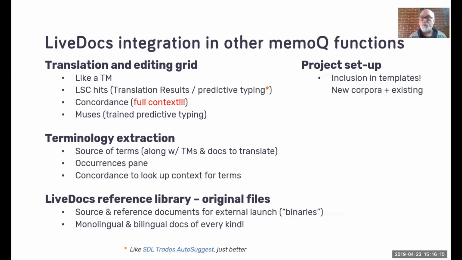So for example, if I'm translating a patent, somebody might send me a bunch of TIFF files or other graphic formats that contain the reference drawings for the patent. And so I can go to my LiveDocs corpus, find the particular drawing that I'm looking for in the list, double click on it, and it will open up.